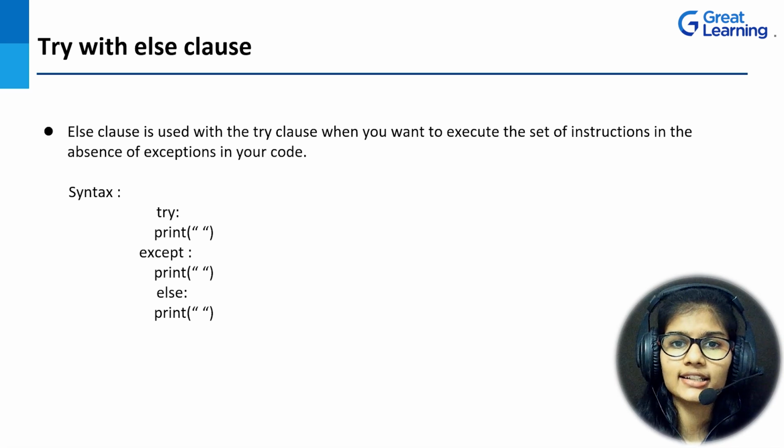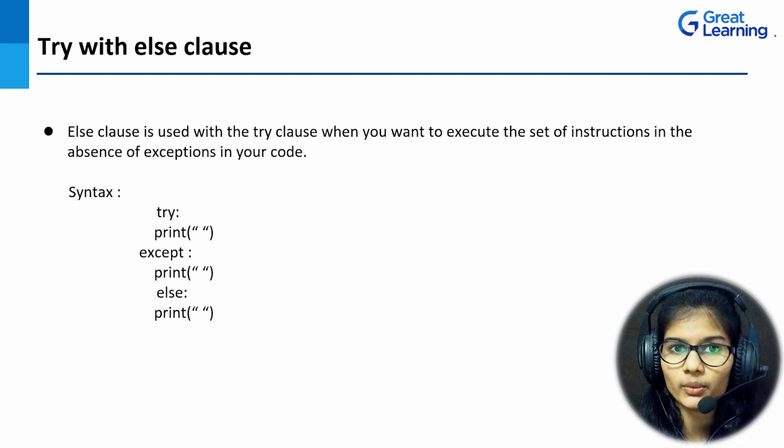Let me give you an idea. Let's say you wrote a program for multiplication of two numbers. You add your except statements, and after that you use the else clause. Inside the else clause, whatever print statement you use, if you do not have any exception or error in your program, then after the execution of the try block, that else statement will be executed.